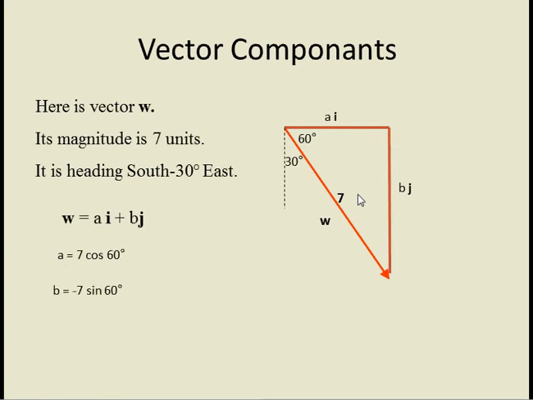And b would be 7 sin 60, but it's negative because it's heading downwards. And then there's our final answer, that w is not only 7 units south 30 degrees east. It's (7/2, -7 root 3/2), or 7/2 i minus 7 root 3/2 j.